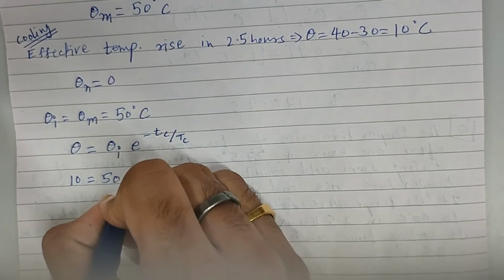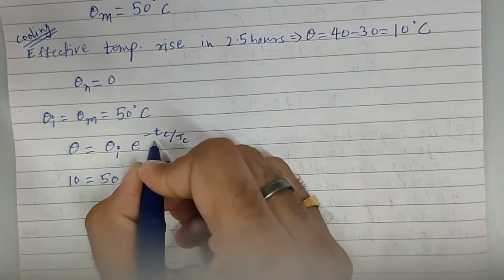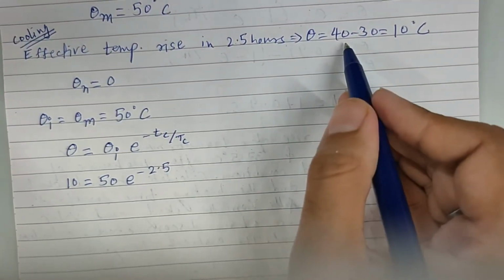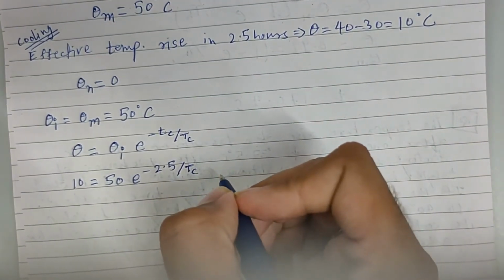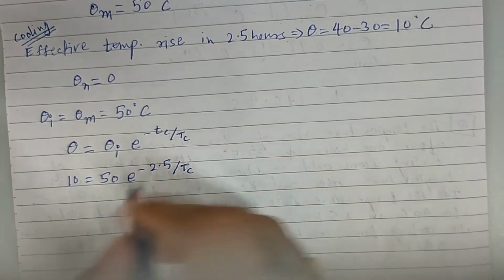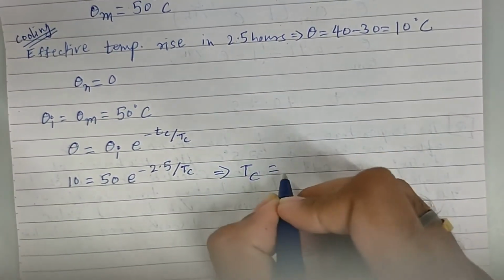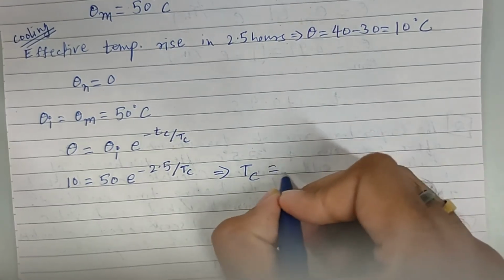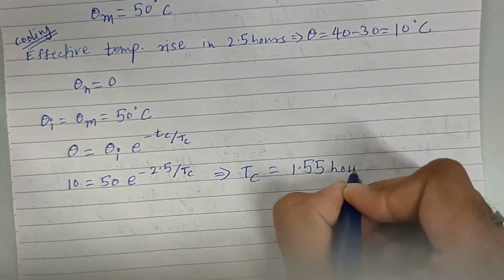My e is as it is, and minus 2.5 is the time required for cooling and reaching 40 degrees centigrade, and my Tc is the cooling time constant. So from this we can calculate the variable Tc. After performing your calculations, you will find the value of Tc as 1.55 hours.